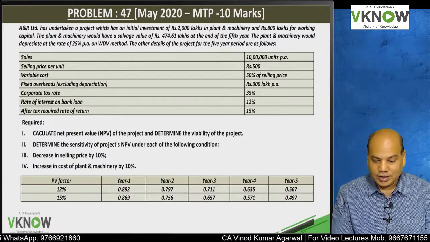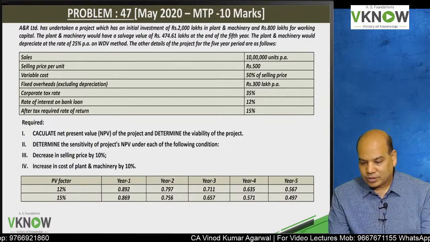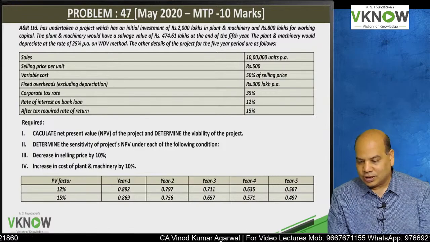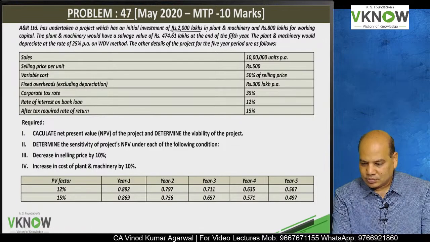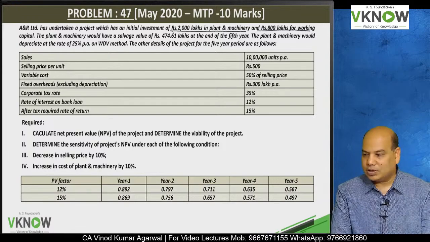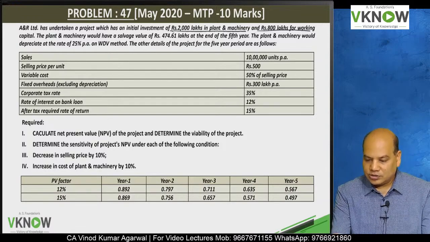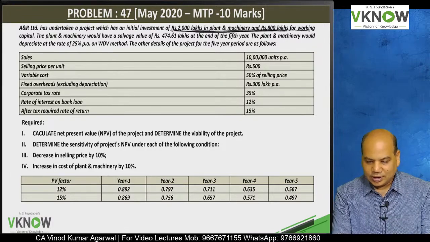The question is: A&R Limited has undertaken a project which has an initial investment of 2000 lakhs in plant and machinery and 800 lakhs for working capital. So my initial investment would be 2800 lakhs.